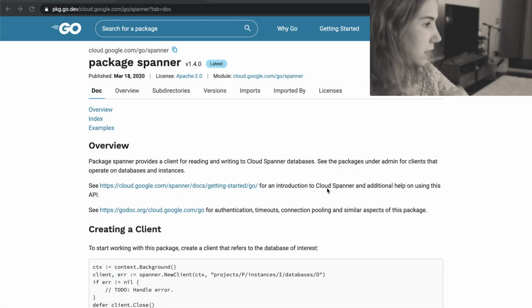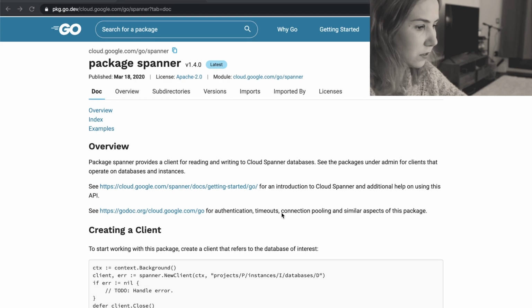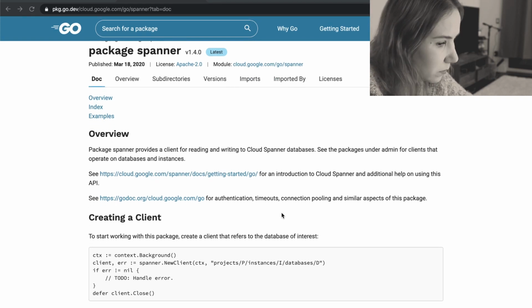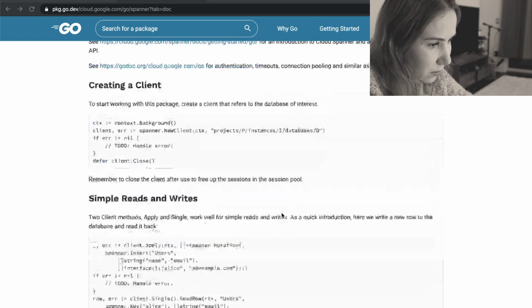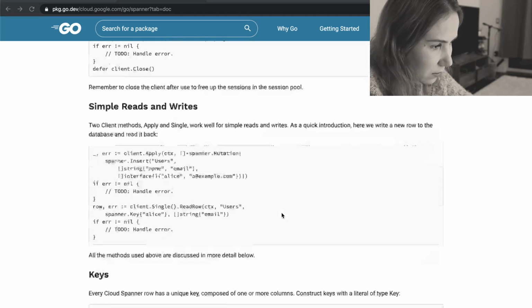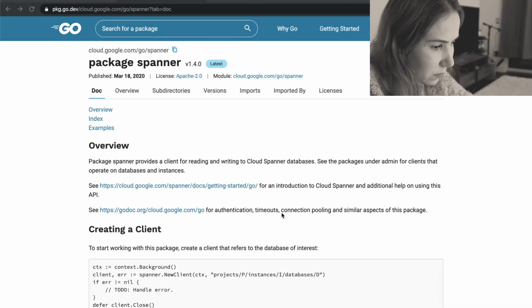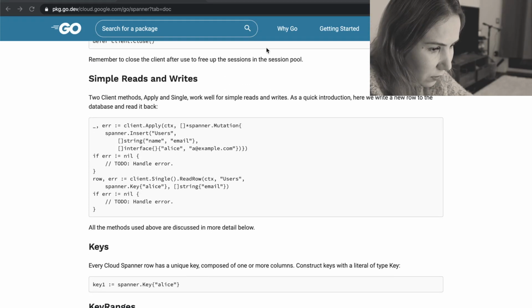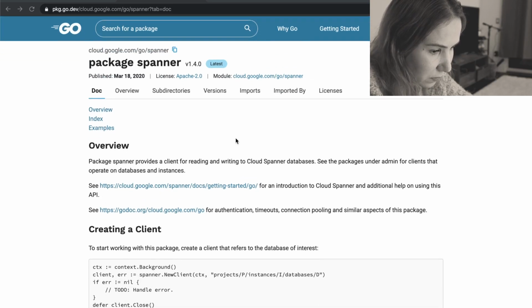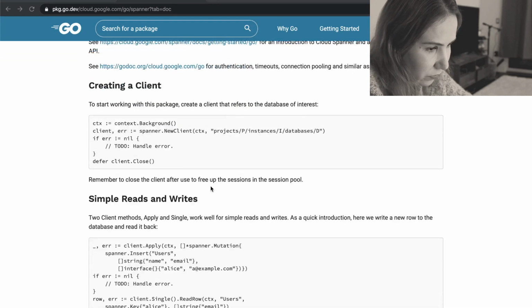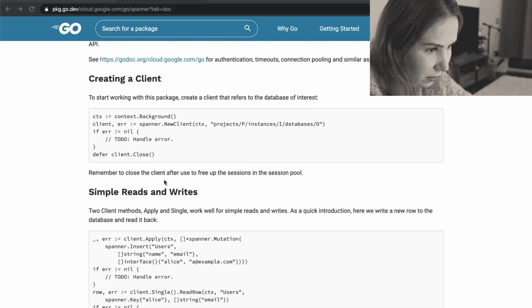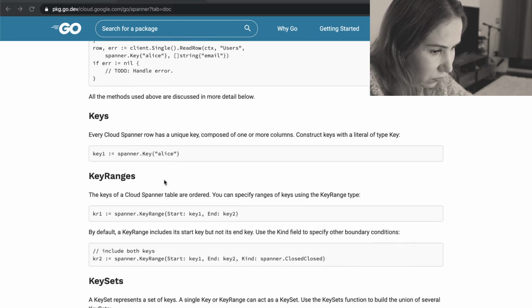So going back to my screen, Spanner has a Go library. It's actually very well documented. This client library has been around since 2017. It explains a lot of things in the Go doc, some of the core concepts. Starting from the basics, like how to create a client, how to do simple reads and writes.